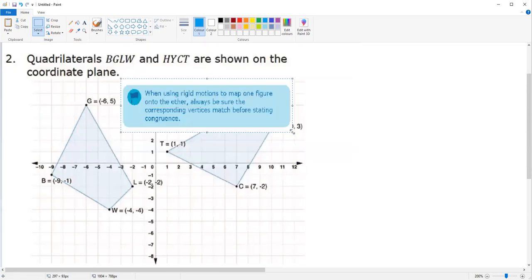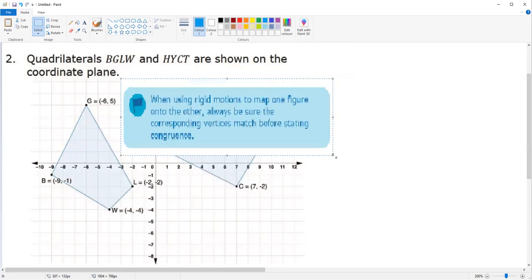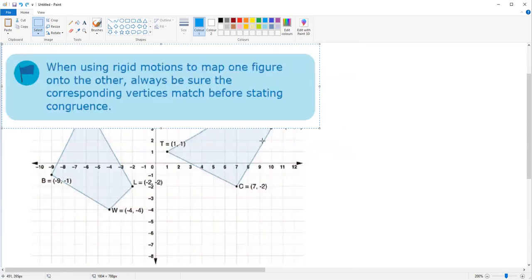When we're using rigid motions to map one figure onto the other, be sure to match the corresponding vertices before stating the congruence, right? That's at the very end there. So we'll combine the two tables so that we can identify what the order of the vertices should be. The vertices are the letters, what they're named after.